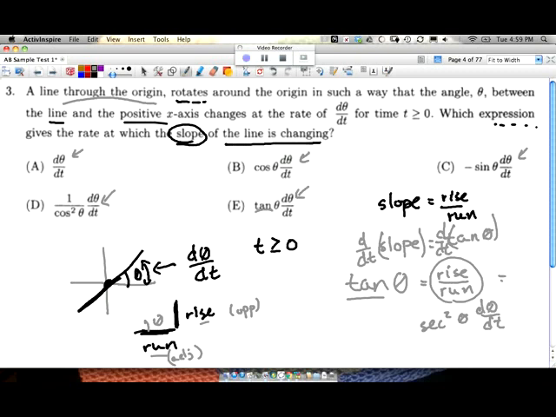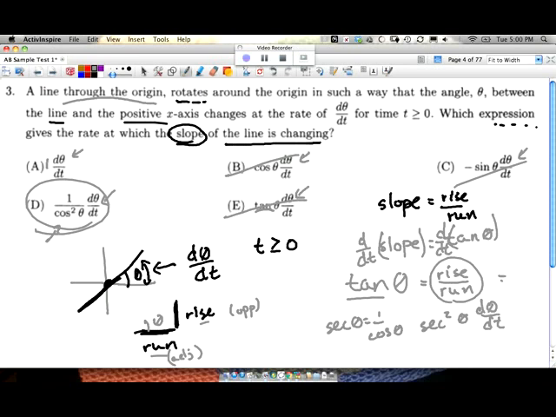So the original function was tangent, but the derivative was secant squared, so that one's out. And it's squared, and the only one that I see it's squared is this one, and that should be pretty obvious because it's also secant, because secant is 1 over cosine. So that, for sure, tells me it's this one.